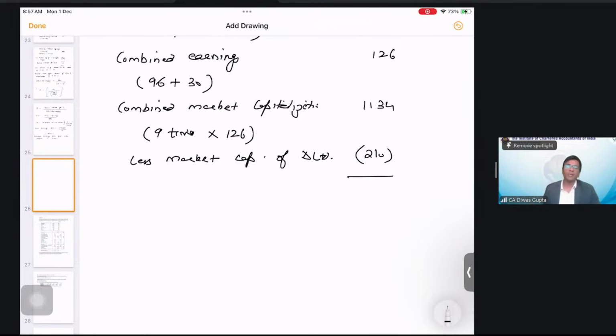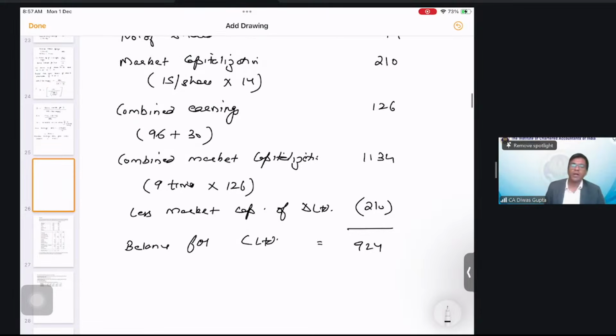So 1134 minus 210, it becomes 924. This is balance for C Limited. Correct? So if 210 is the existing market cap of D Limited, the incremental is 924, which will be available for this company, right, which is C Limited.